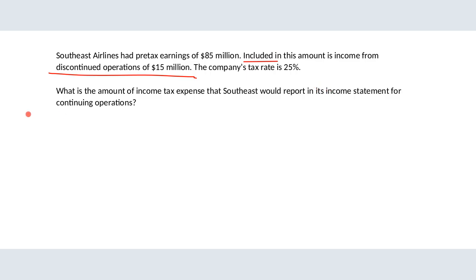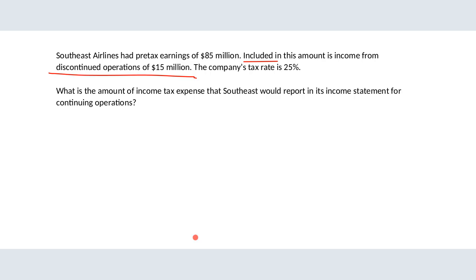So if you recall, we had our multiple-step income statement, and we start with our continuing operations. Let's start with net sales. We had cost of goods sold, we had our gross profit, we have our selling expenses, we have our general and administrative expenses, we had other income and expenses from peripheral activities.